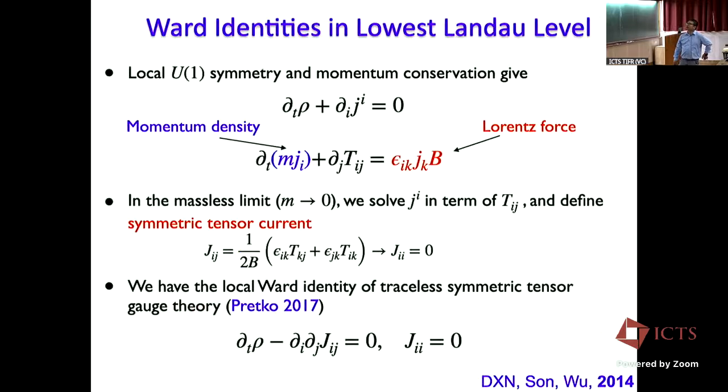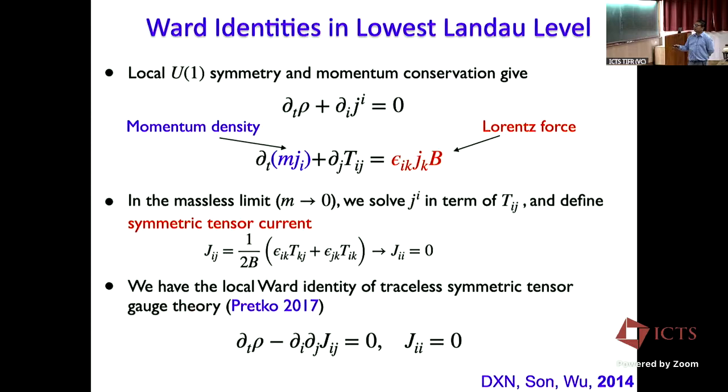So now I will tell you the field theory derivation, another way to derive the same thing. The first equation is nothing but the continuity equation, that's the conservation of charge. The second equation is nothing but the conservation of momentum.